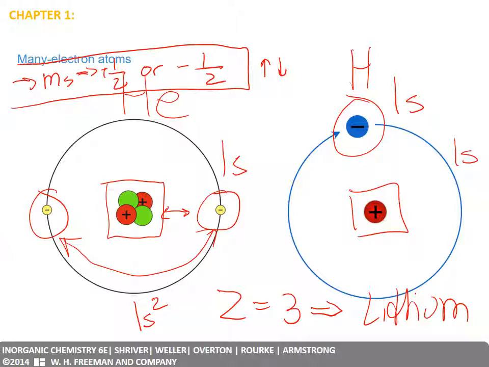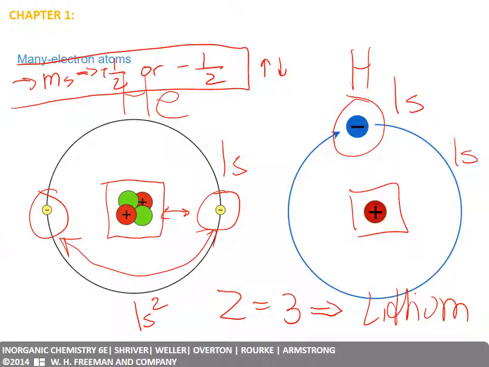Altogether, I hope you remember that the state of an electron is described by 4 quantum numbers, n, l, ml, and ms. And furthermore, Pauli's principle states that no two electrons can have the same 4 quantum numbers. Remember, this is very important. And why?